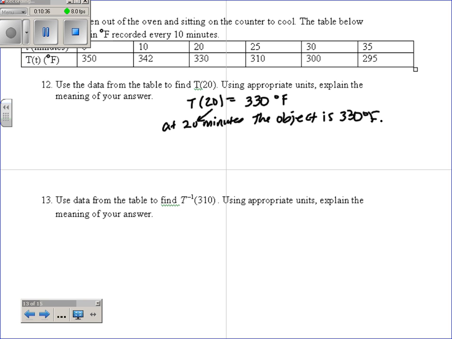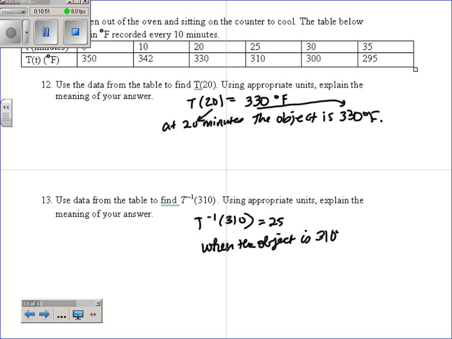So you say both things. T inverse of 310 just means what's paired with 310? 25. So when the object is 310 degrees Fahrenheit, it has been 25 minutes.